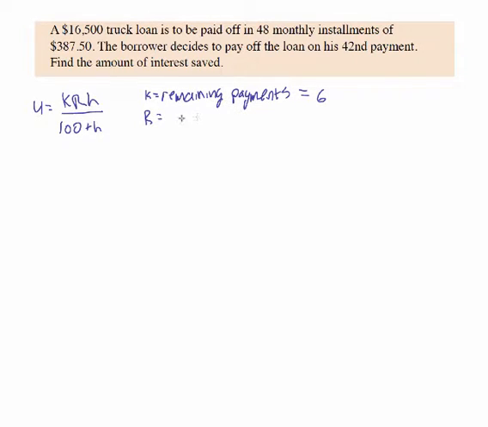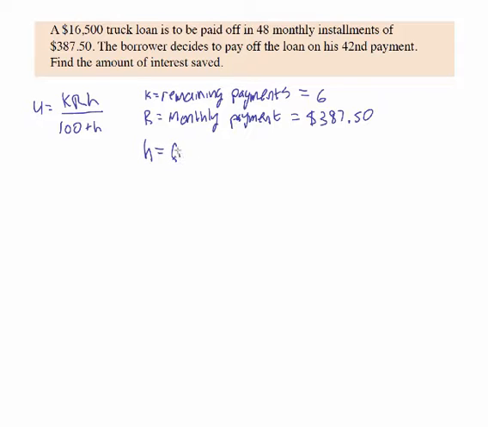R is the monthly payment. And the reason we're using R is for recurring, because monthly is a recurring payment. In this particular question, the recurring payment is $387.50. The letter H, that's the part that's kind of complicated.